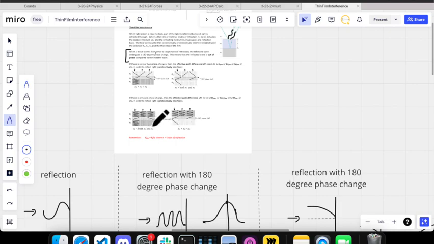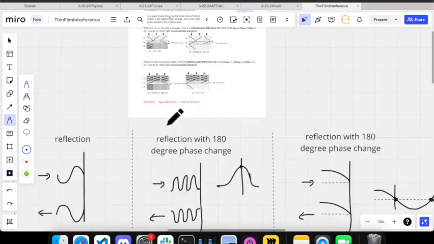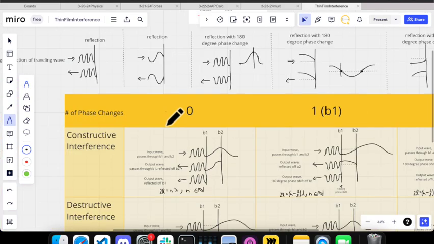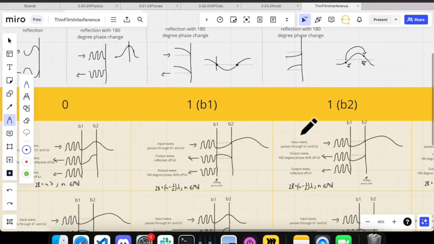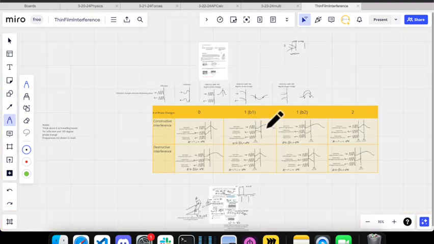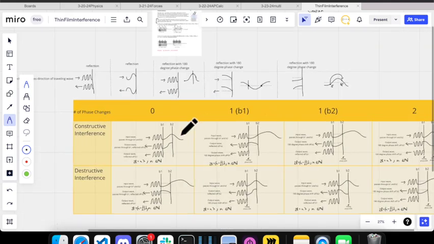They don't illustrate all the examples where you get constructive versus destructive interference for each number of phase changes.